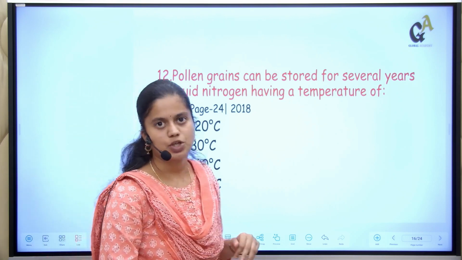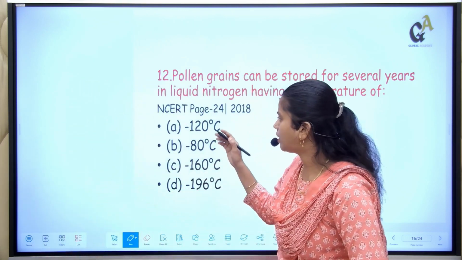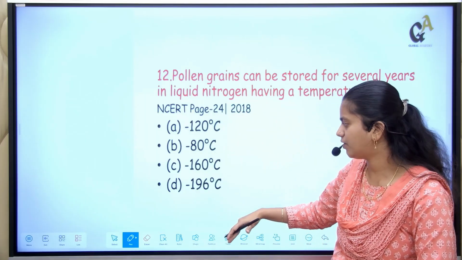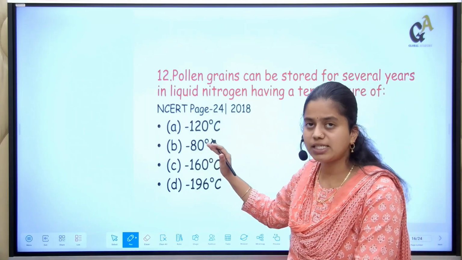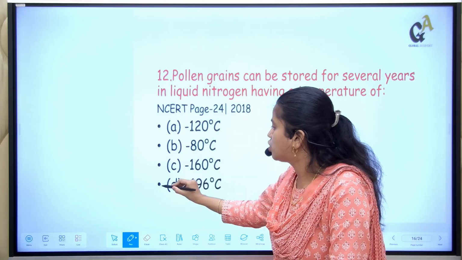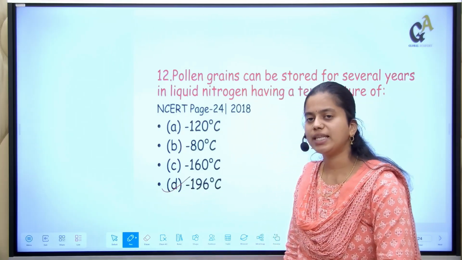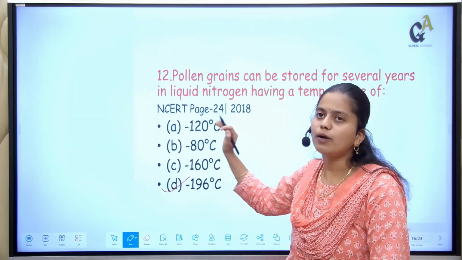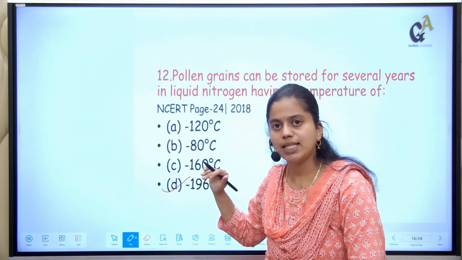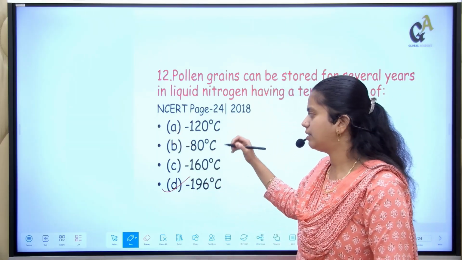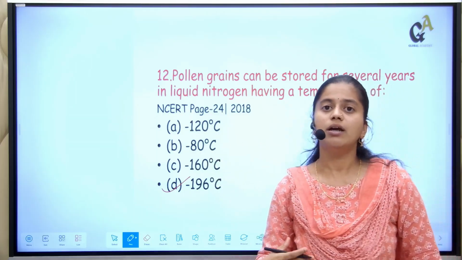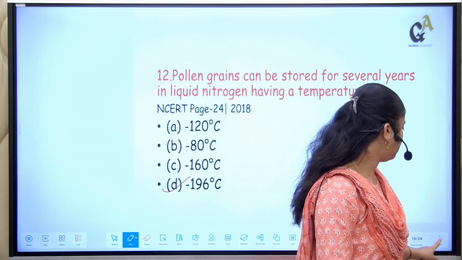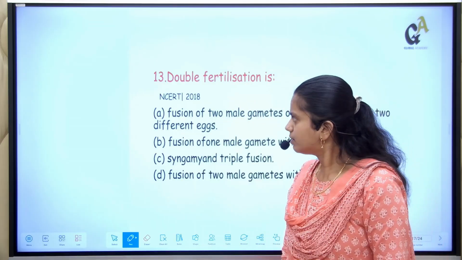Whatever temperatures are given here, there is always a standard temperature maintained. So minus 196 degrees Celsius is the standard temperature for maintaining pollen grains in liquid nitrogen. At the remaining temperatures, they cannot persist or stay.